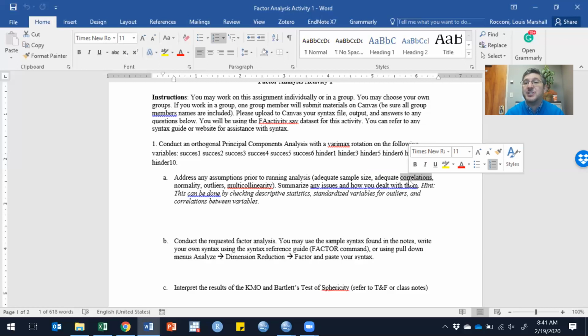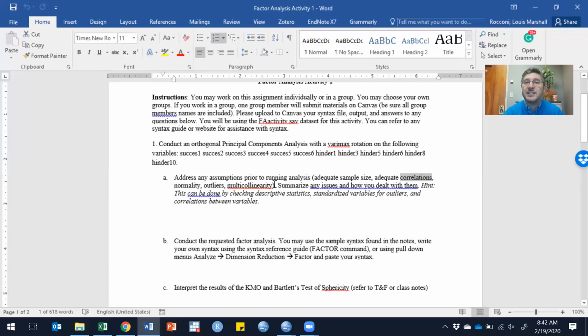If you see correlations that are like 0.9 or greater, 0.8, you might want to start flagging. That's saying that those two items are measuring the exact same thing, or measuring the same dimension of that underlying construct. If you have two variables that are perfectly correlated, it's going to cause a problem for the analysis.